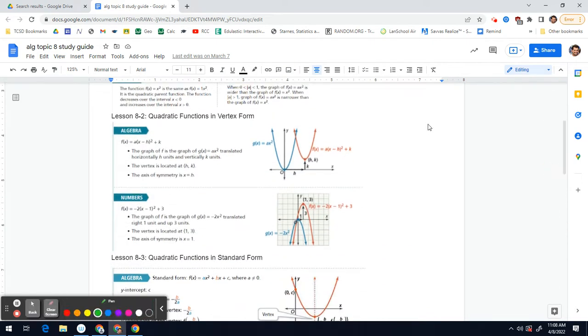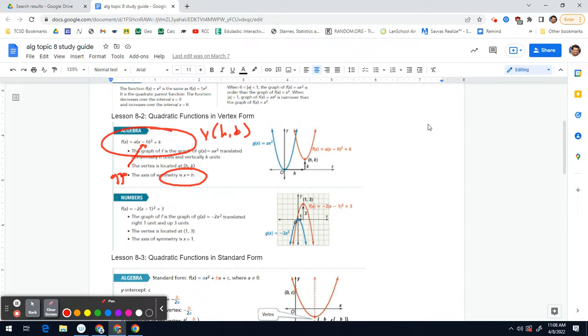Vertex form. Again, very important form. This is not given to you on the state test. You should know this. In vertex form, the vertex is the point h, k. Remember that this h has a minus sign, but it comes out as opposite. So you always make the h opposite of what it says, and then the k is the same. The axis of symmetry goes through the vertex, so it has the same x value as the vertex.